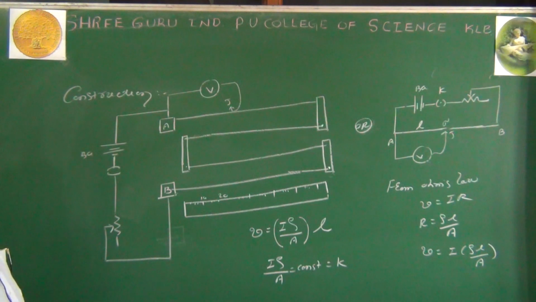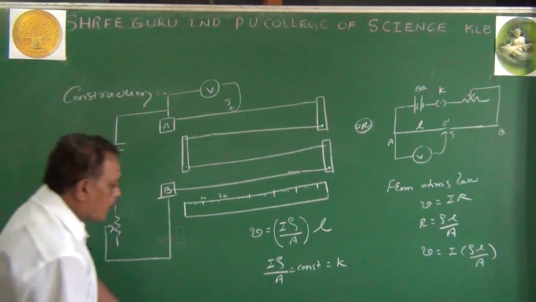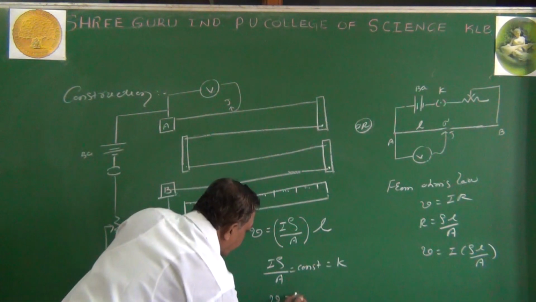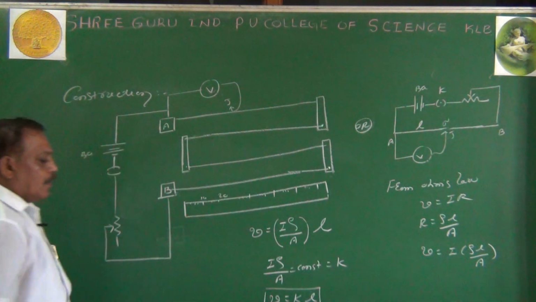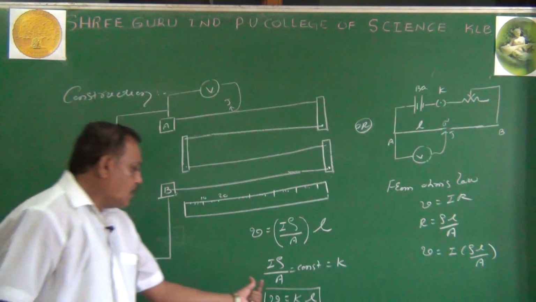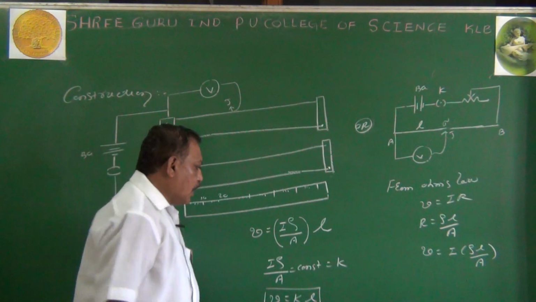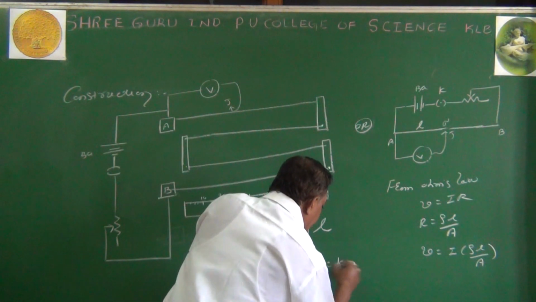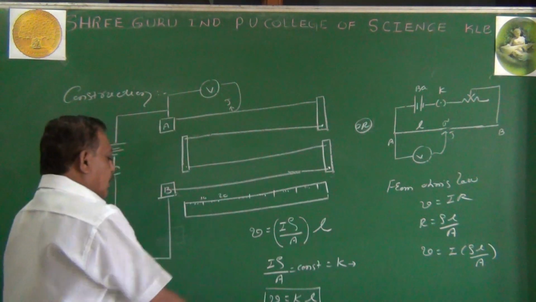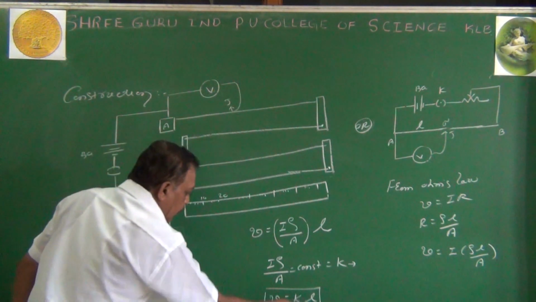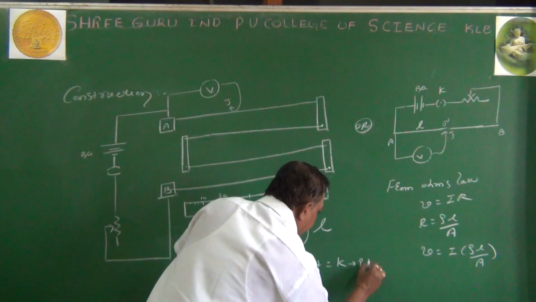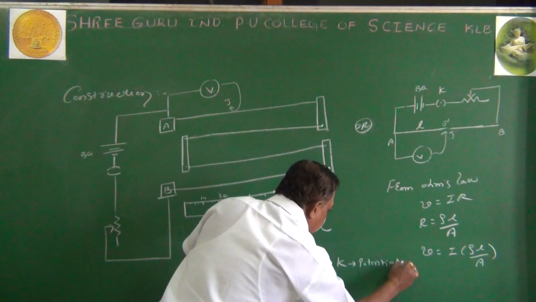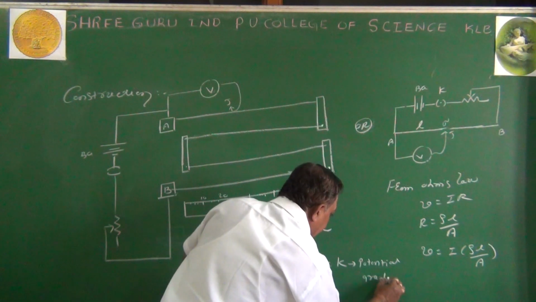Then I make the final equation, V equals K into L, where K is constant. Now this K is V by L, which is nothing but the potential gradient.